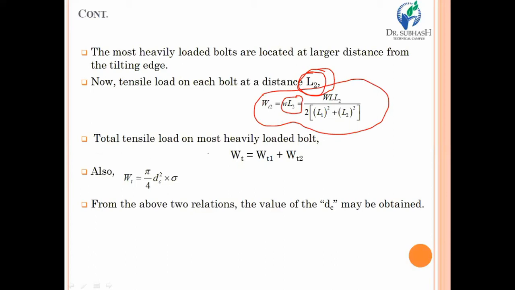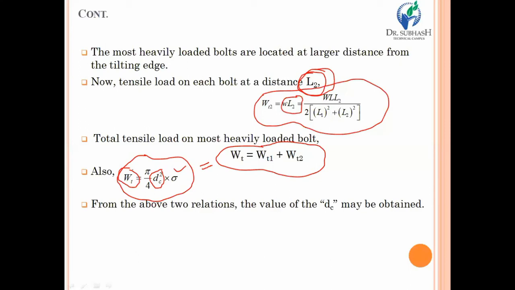So the total tensile load on the most heavily loaded bolt will become WT1 plus WT2. Also, the total direct tensile load acting on the bolt that we initially considered will become area into stress. So by equating both relations of the total tensile load on the most heavily loaded bolt, you can get the value of dc, because sigma permissible is given and W2T you have already calculated.